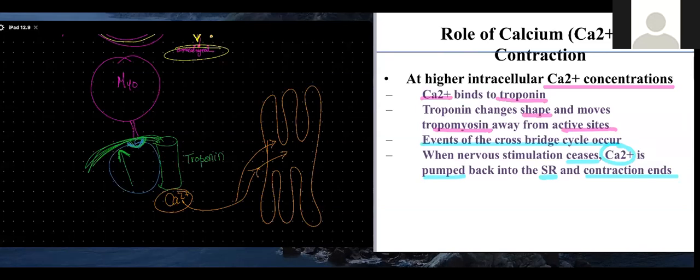All right. This allows the muscle to relax because the myosin head can't bind to the actin subunit anymore, as it's going to be covered with the tropomyosin. Is this clear?